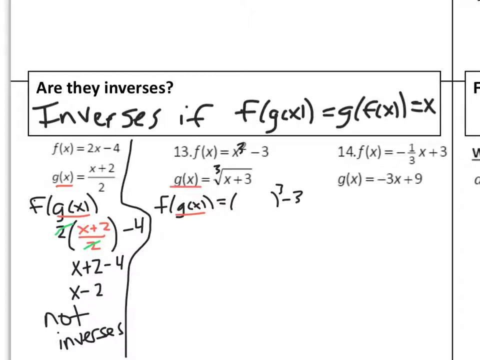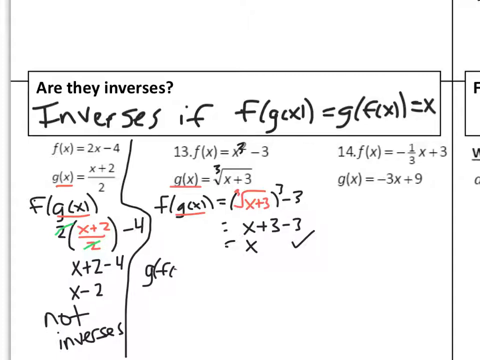And what we're cubing is the cube root of x plus 3. I know you can just look at this and see it's going to work, but show your work. So when I cube and cube root, I'm just going to get x plus 3. And x plus 3 minus 3 just reduces to x. So that one works. And now we're going to go the other way.